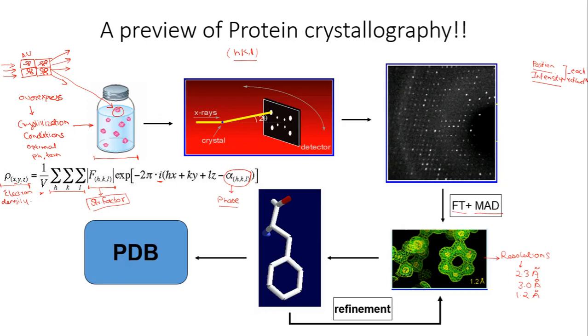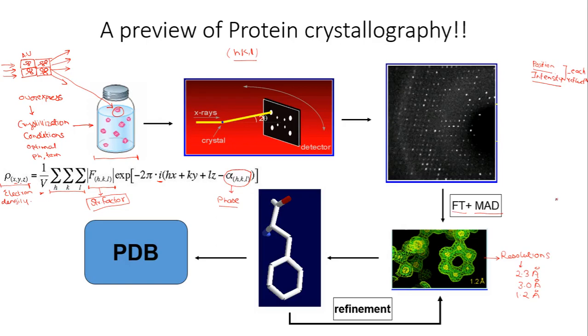Okay, so you say that if I observe such electron density in my electron density map, then this might be any amino acid residue which has a cyclic structure. And how many amino acid residues contain an aromatic side chain?